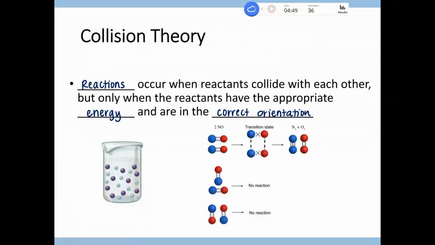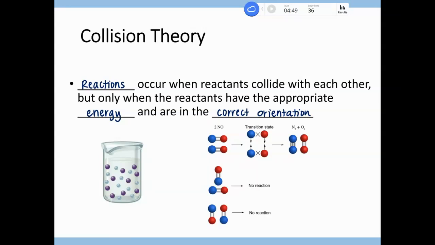So let's talk about energy first. For 2 atoms to collide to form a new bond, they've got to collide with each other. If they have more energy, higher energy, they're moving around faster, there's a higher probability that they're going to collide.